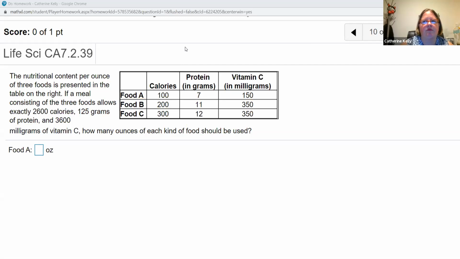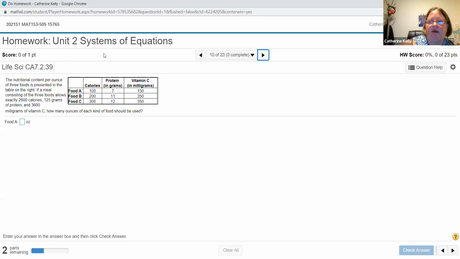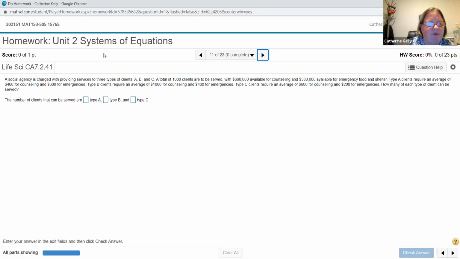Oh, I got to shrink it, huh? There we go. A social agency is charged with providing services to 3 types of clients, A, B, and C. A total of 1,000 clients are to be served with $660,000 available for counseling and $380,000 available for emergency food and shelter.